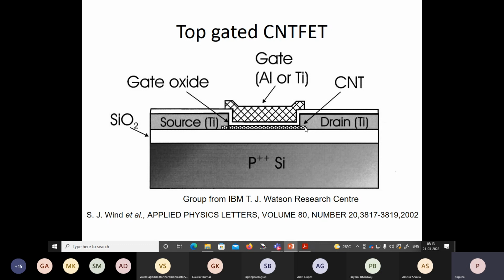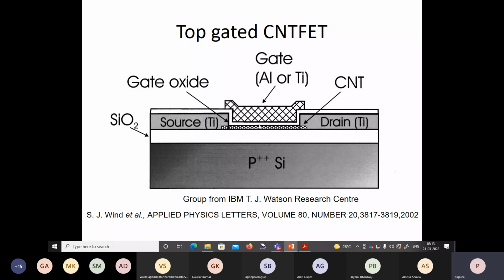And then there is source and drain. This is a little bit more complex technique than the backgated CNT FET, but this structure is like a conventional FET structure, and you have to apply much lower voltage from the gate side, because you can see that here the gate oxide is much thinner compared to the backgated CNT FET.